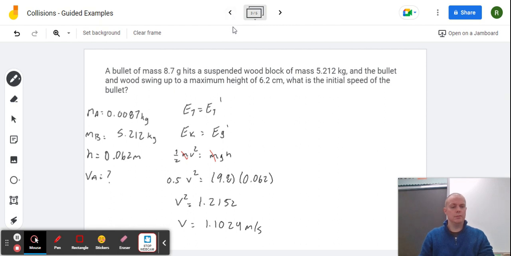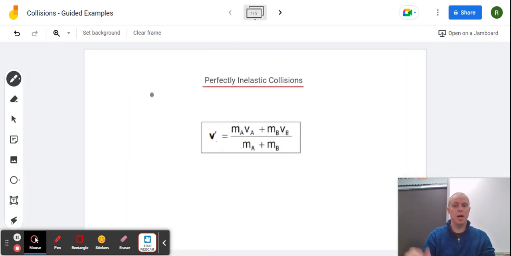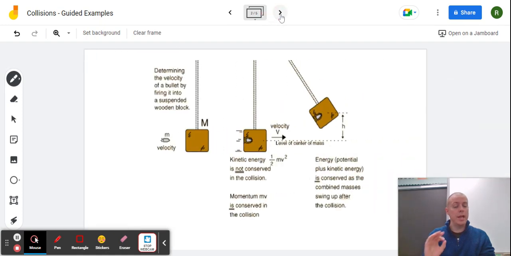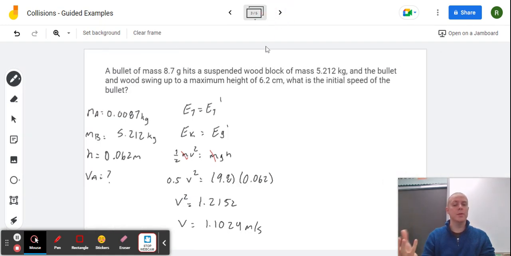So we have the individual velocities of the object at the start, and then we have the combined velocity together. Because even when energy is not conserved, momentum is. So this v that we found is really our v prime, that we can use in the other equation.